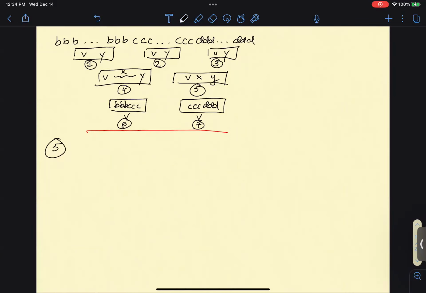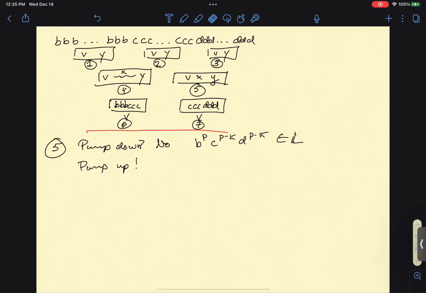Because if I pump down, then I could get something like A^p C^(p-k), and then this is still in L. Right, and that's not a contradiction. So in this case you do have to pump up.